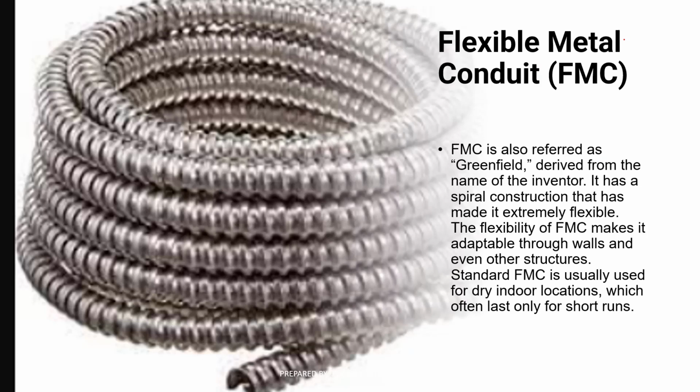The next one is the flexible metallic conduit. Older electricians, older practitioners in electrical, use the name greenfield rather than FMC, because it derived from the name of the inventor. Moreover, FMC is always a great substitute for many areas that require close quarters and tighter bends.